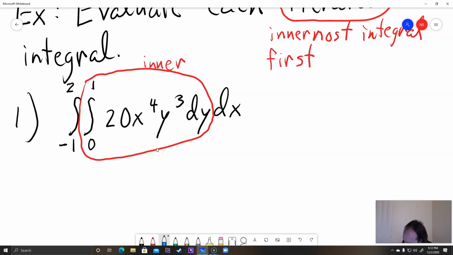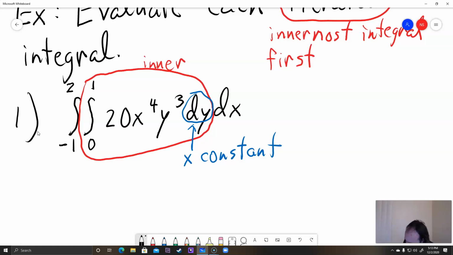It's a lot like a partial derivative: when you do a partial derivative with respect to x, all the other variables are constant. If you integrate with respect to y, all the other variables are constant. Same idea. So since 20x to the 4th is constant, we're really only integrating y cubed dy.